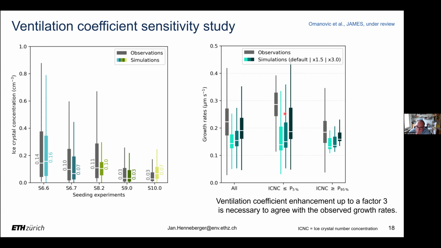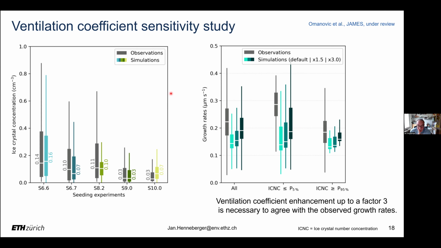And that is a bit of an indication that some small inhomogeneities are in the field, but the model doesn't catch it. Maybe some ice crystals grow really faster and some not so fast, and the model treats them all the same.